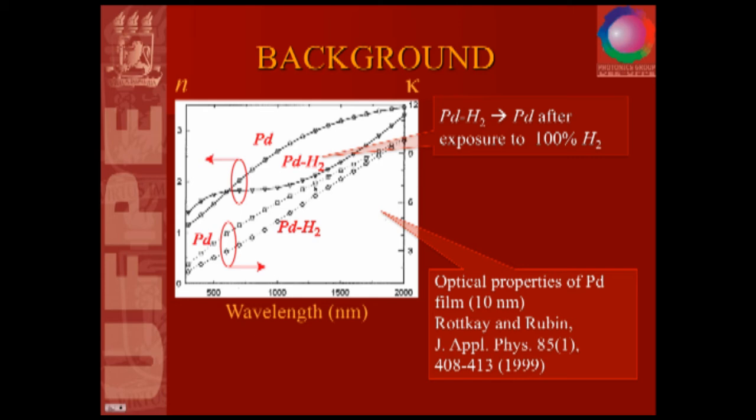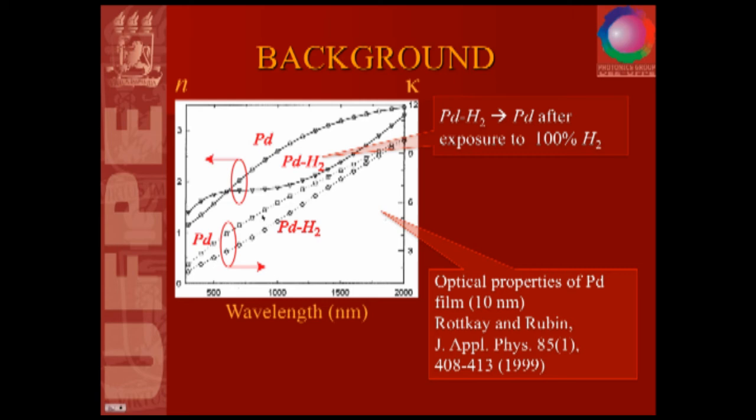This curve is labeled PdH2, meaning the surface was exposed to 100% hydrogen. In general, the optical constants decrease mostly beyond 600 nanometers.